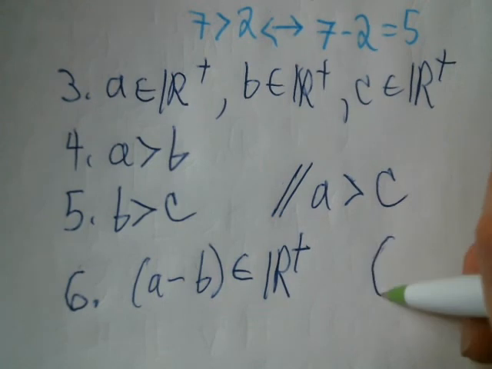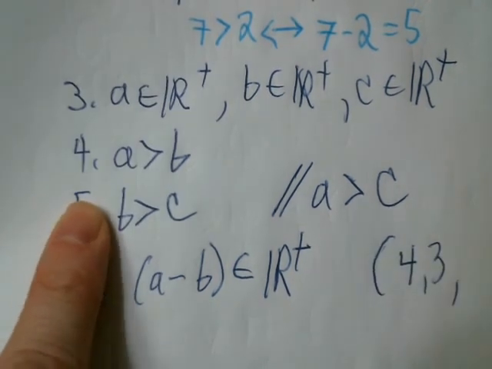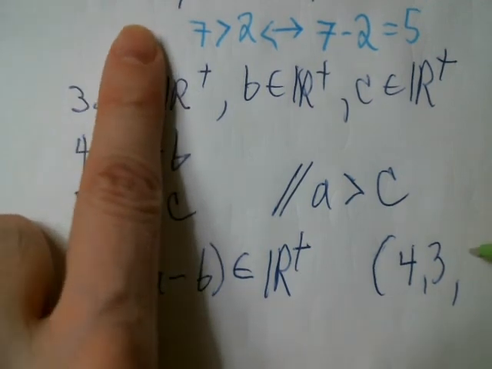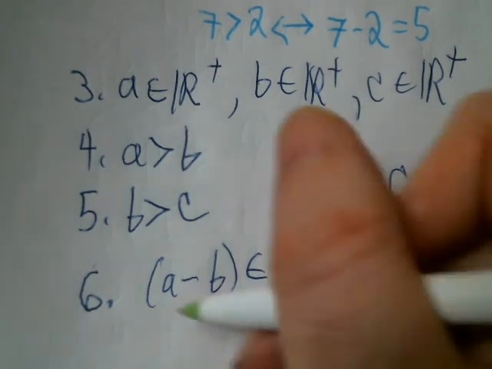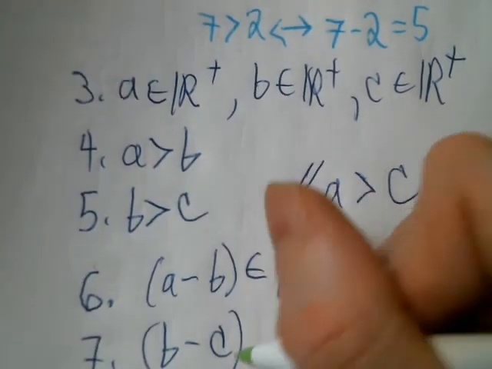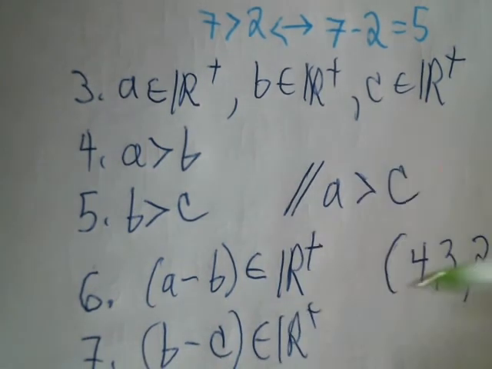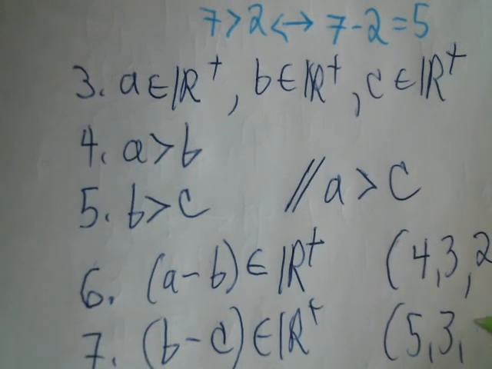Okay, so that follows from statement 4, statement 3, and then our if and only if statement 2. Okay, then likewise, I could say B minus C is in the positive reals. And that'll follow from 5, 3, 2.